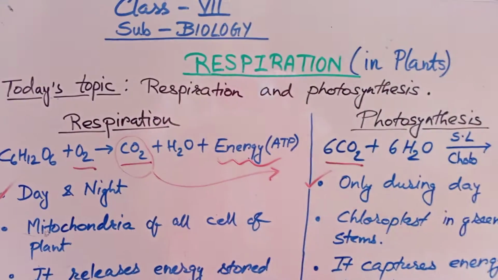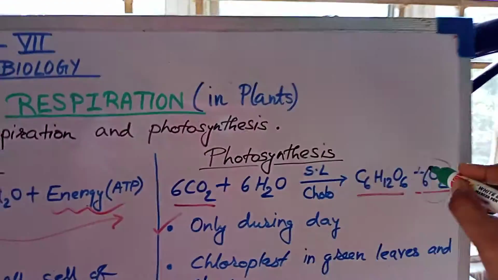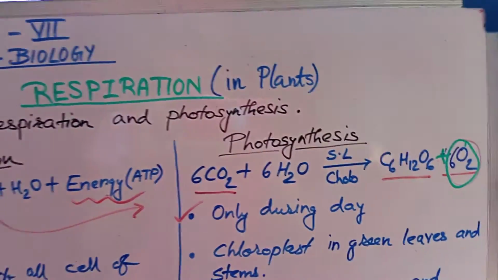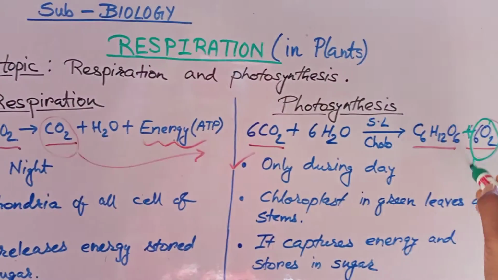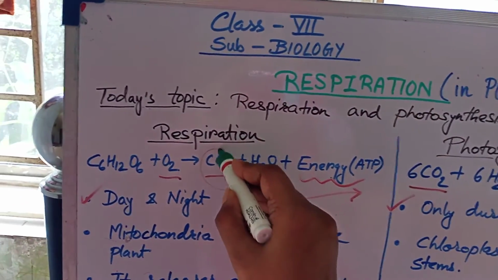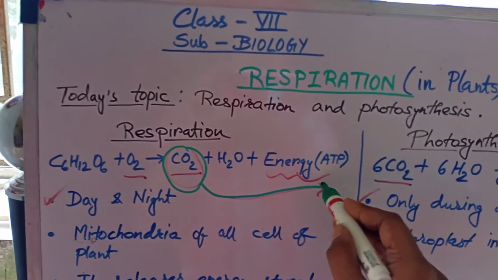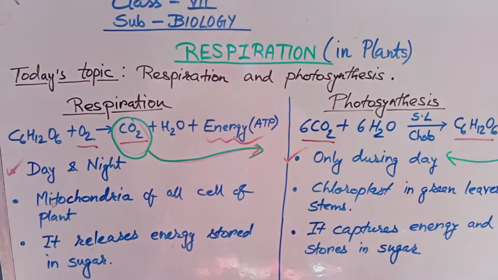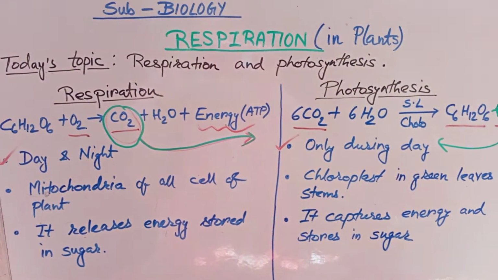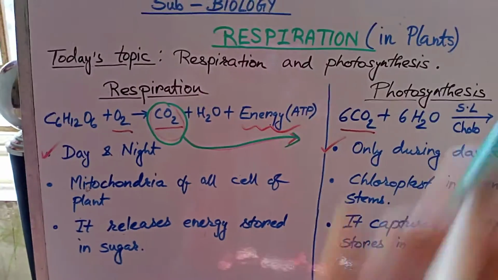Here the oxygen that is produced is used up by the plant during the day, and the carbon dioxide that is produced by the respiration process is again partly or wholly used up by photosynthesis. This utilization occurs only during the day.